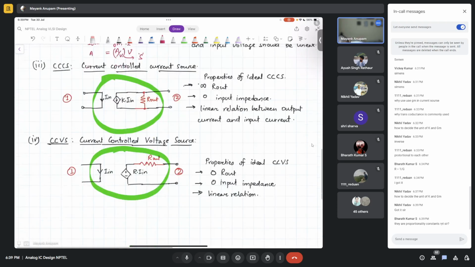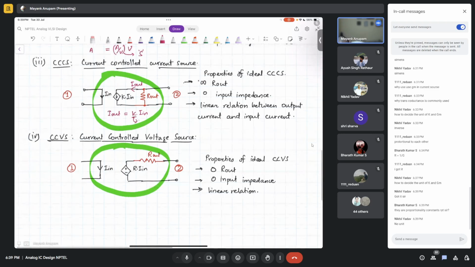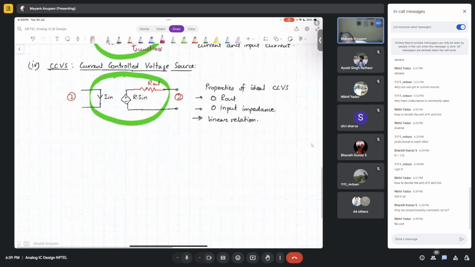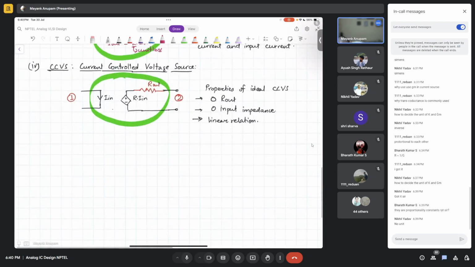Similarly, for a CCCS here, what will be the dimension? I out will be equal to K times I in. Again, here what are the dimensions of K? Again, unitless. But in the last case here, sorry, this is a voltage source at the output.